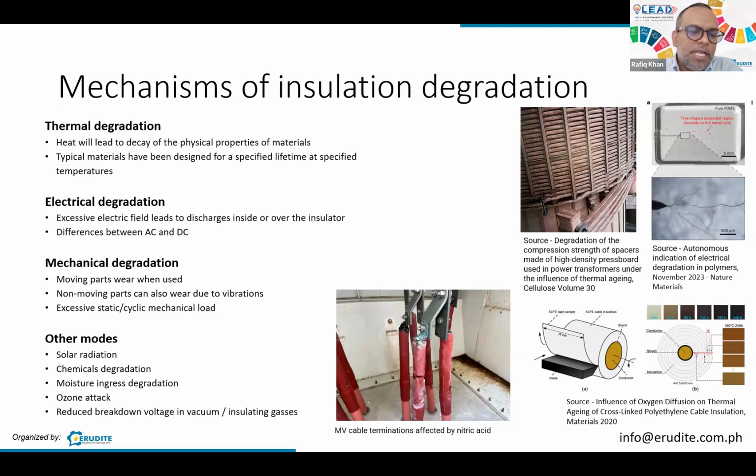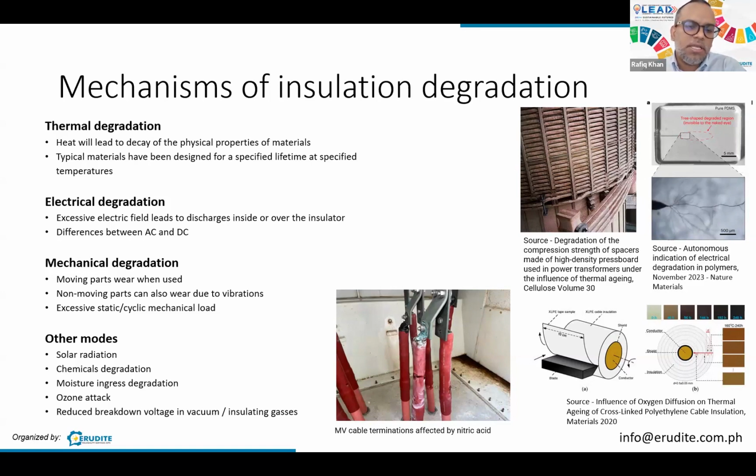Electrical degradation can come from high electric fields that are discharged over an insulator. The one that you can see at the bottom here, you can see that this cable has whitish deposits. There are also greenish corrosion materials. It's quite common to see this in electric installations. What happened here is that you have a high electric field, and high electric field results in corona, or ionization of the air.